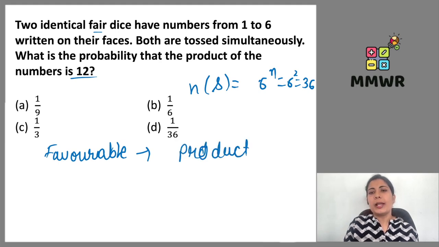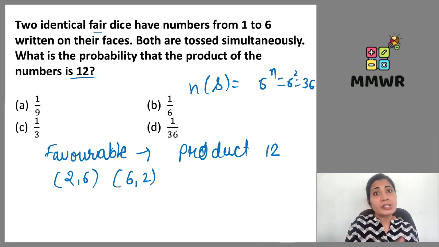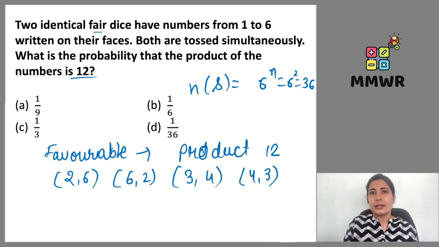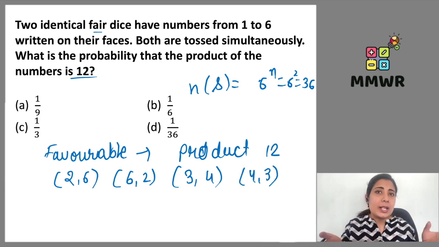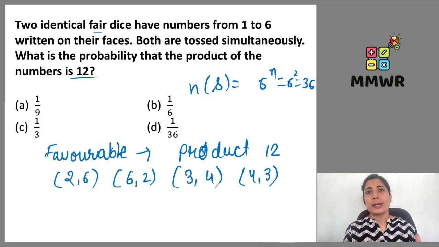That is only and only possible... 1 के साथ में तो किसी भी नंबर को पेयर अप करके नहीं हो रहा है. बट 2 6 में हो सकता है, ऐसे ही 6 2 में भी हो सकता है. फर्स्ट टाइम में 6 आ जाए, सेकेंड टाइम में 2 आ जाए, राइट? 3 4 में हो सकता है, 4 3 में भी हो सकता है. When we are rolling the dice for the first time, if we are getting 3, सेकेंड टाइम में 4 मिल रहा है. और it can be in this way, फर्स्ट टाइम में 4 मिल रहा है और सेकेंड टाइम we are getting 3. और कोई अदर वे है?